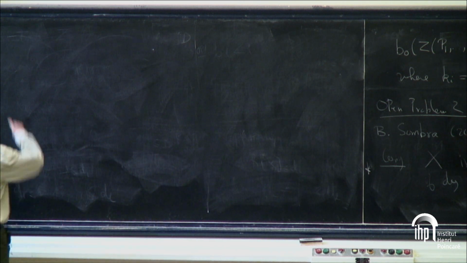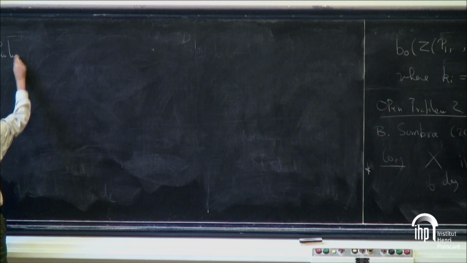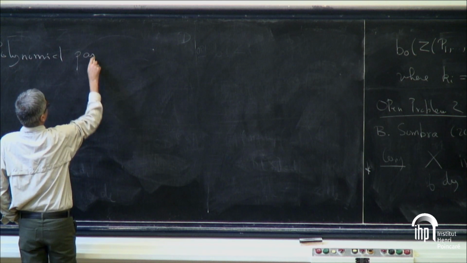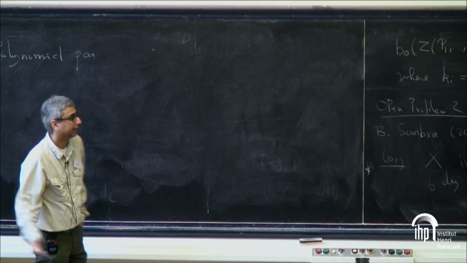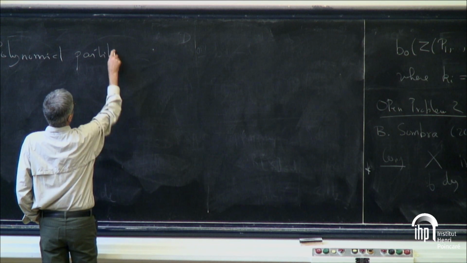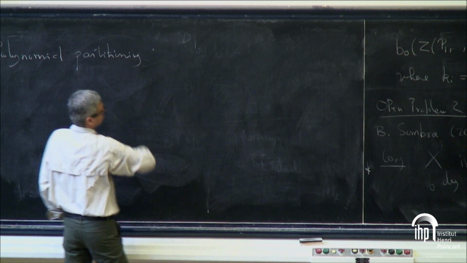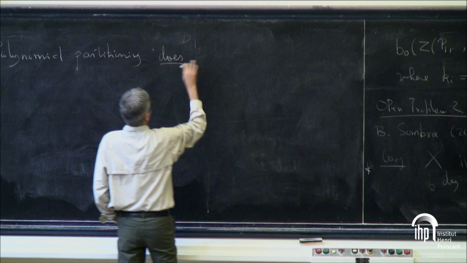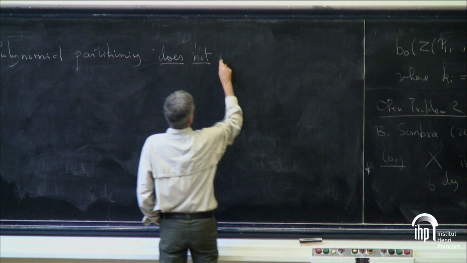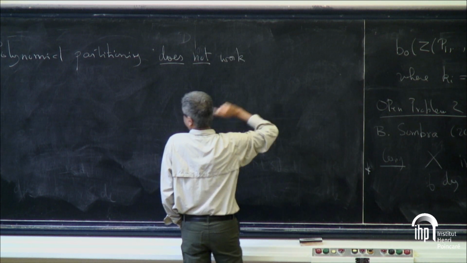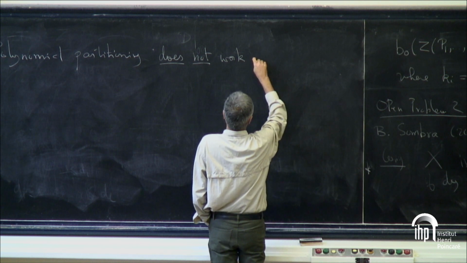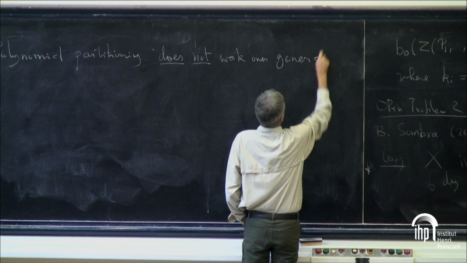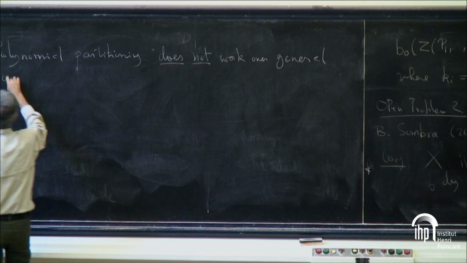But why not polynomial partitioning for proving incidence theorems over definable sets? Well, polynomial partitioning as it stands does not work over arbitrary o-minimal structures. And you might ask why.